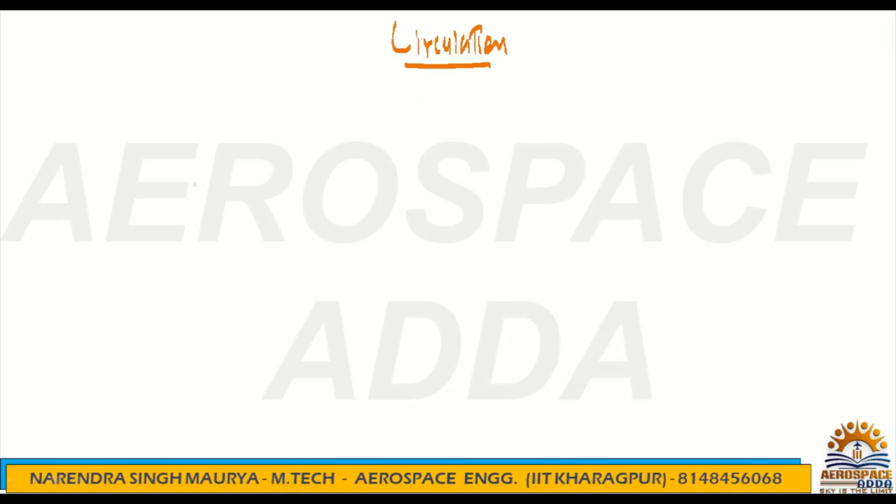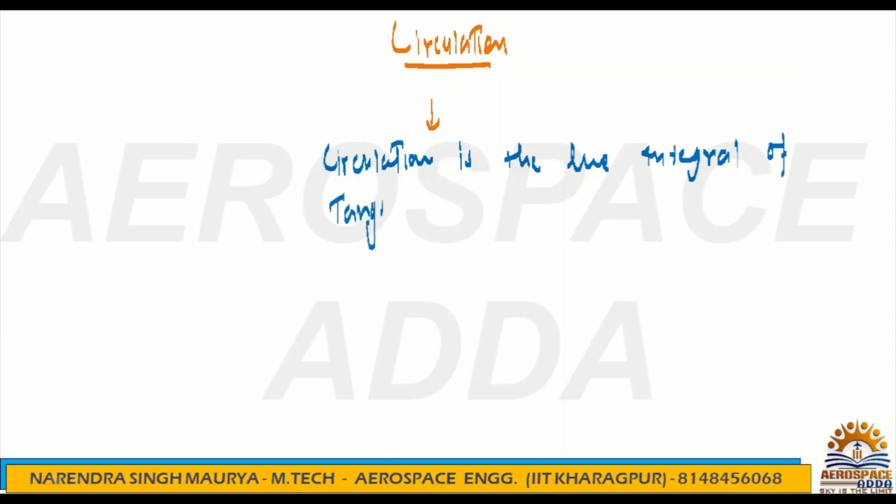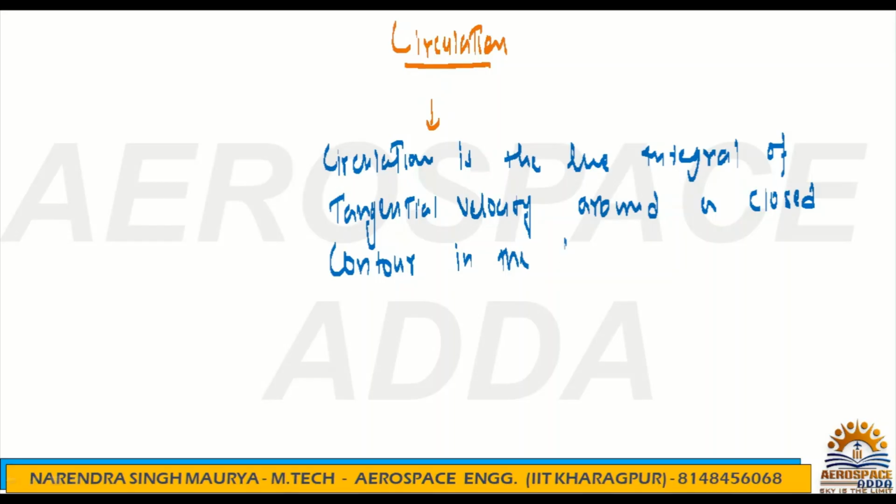Circulation is the line integral of tangential velocity around a closed contour in the flow field.